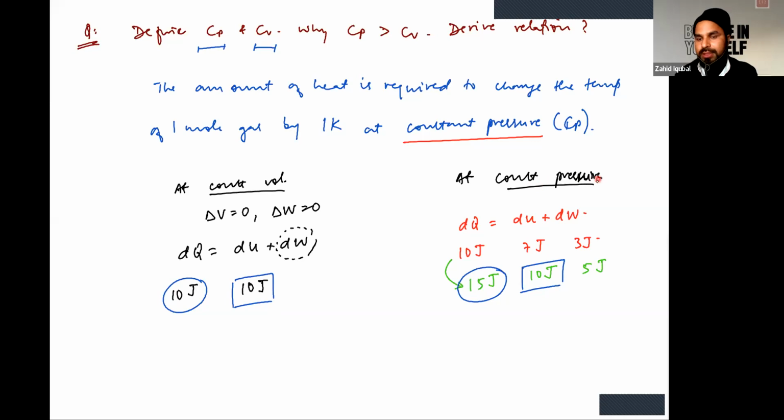But at constant pressure, the heat supplied is utilized in changing internal energy as well as doing some work. So to get the same internal energy, you must supply some extra heat in this part. That's why Cp is greater than Cv. Is it clear? Yes, sir.